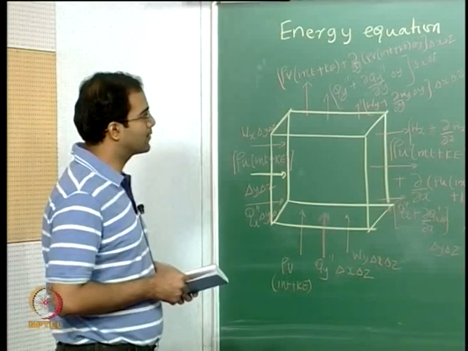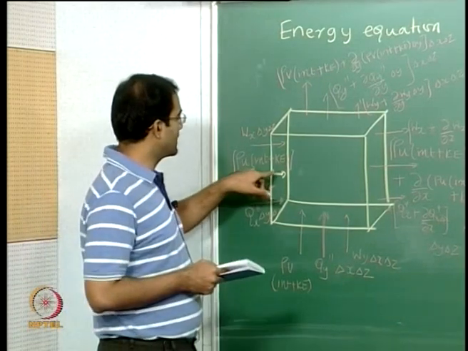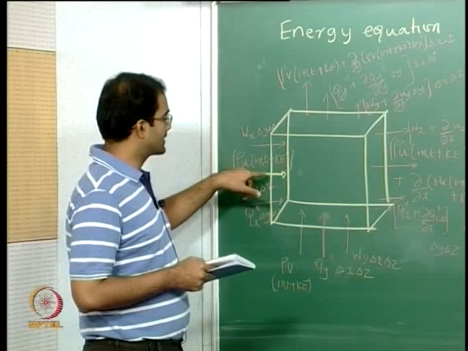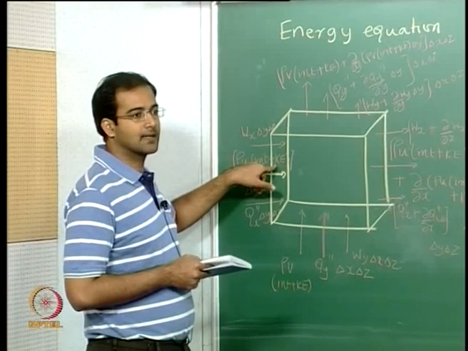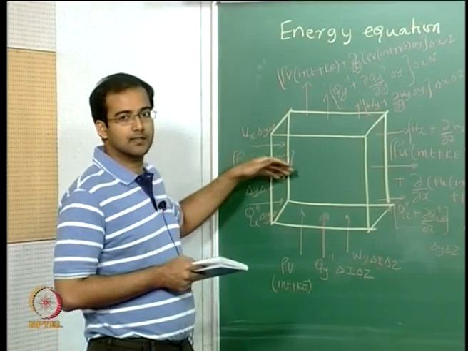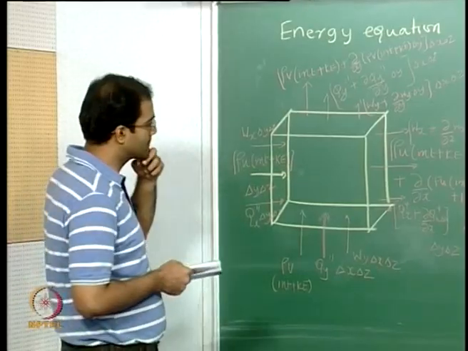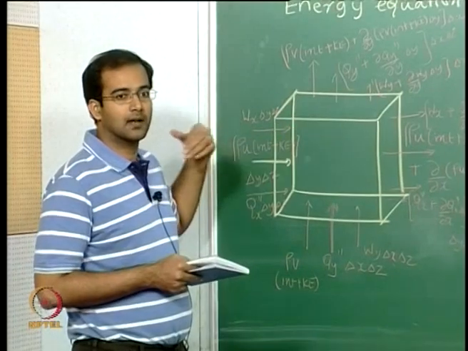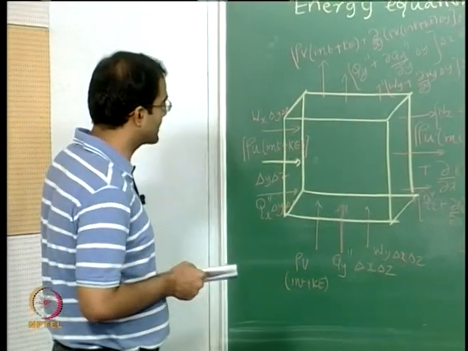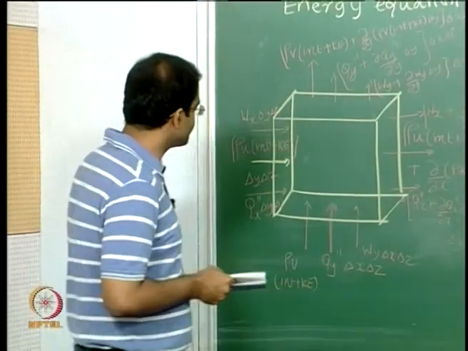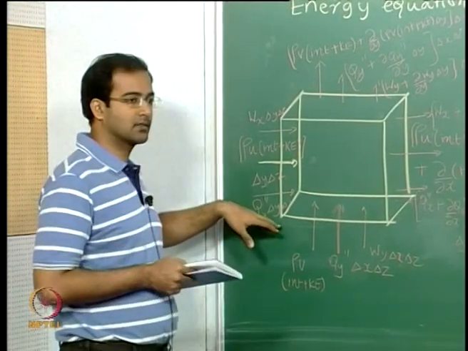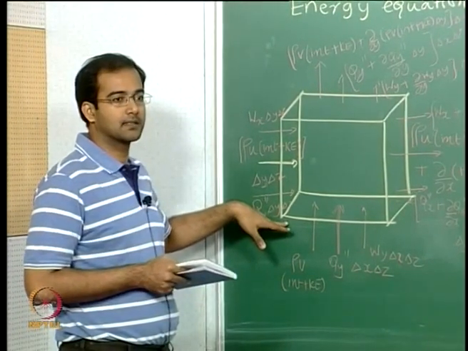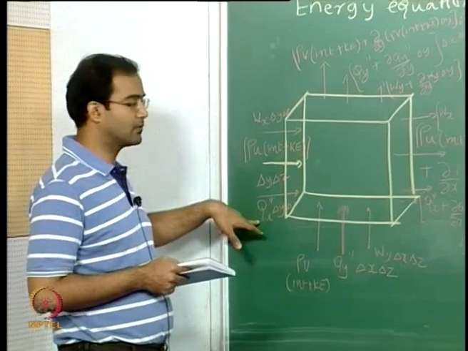the contributions to energy, if you look at, you have primarily the efflux of internal energy as well as the kinetic energy, which is crossing the control volume boundaries in all the three directions. I am just representing here only two directions. You can also extrapolate that to the third direction. Apart from that, you have the efflux of heat by conduction, that is this Q double prime.